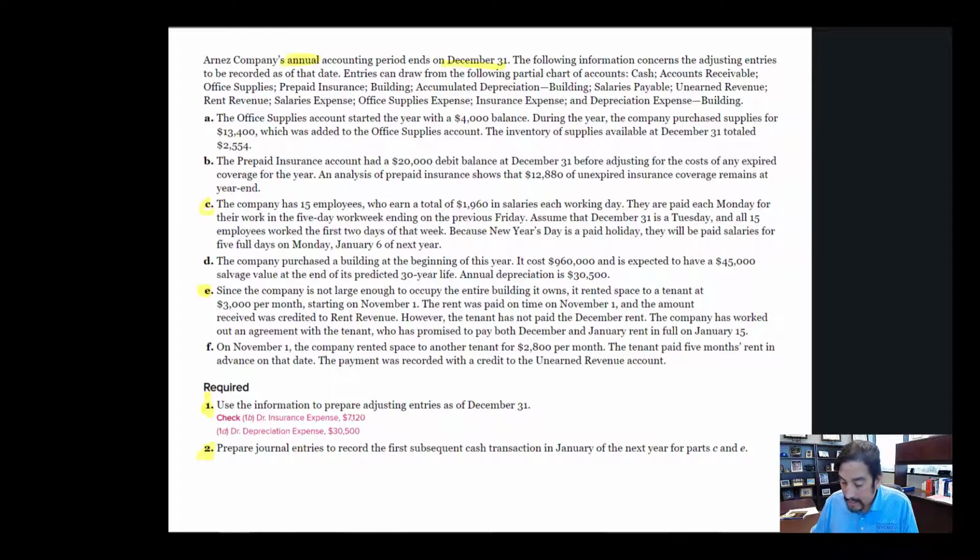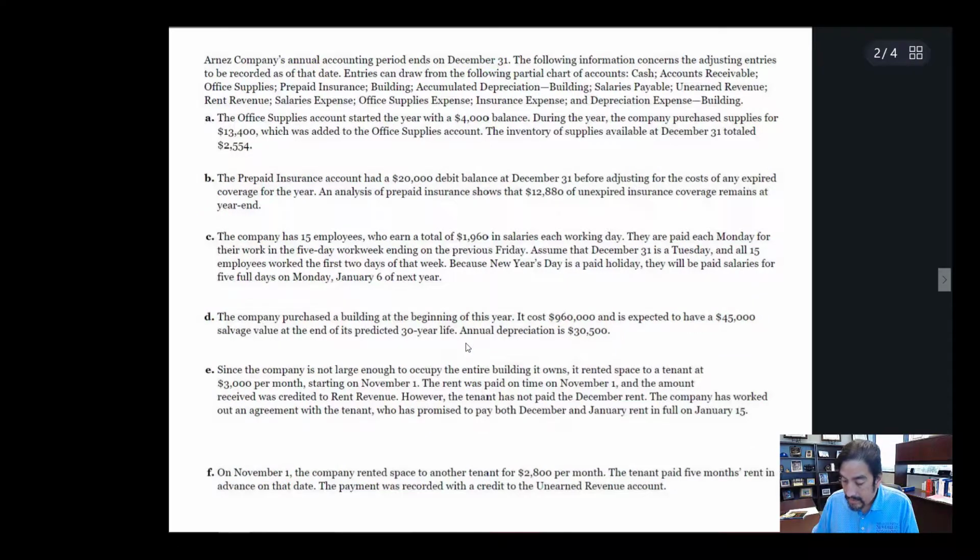Okay, so I kind of spread it out a little bit so I could write the journal entries here on the same sheet. We'll start with A. Office supplies started off the year with a $4,000 balance. During the year, we purchased more supplies, $13,400, and added it to the office supplies account.